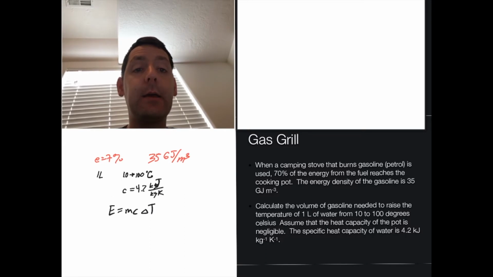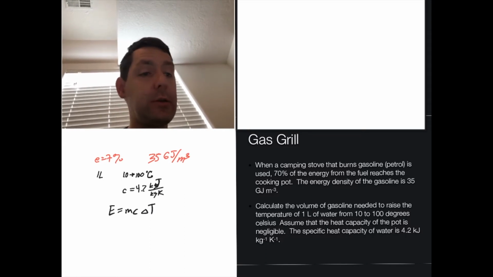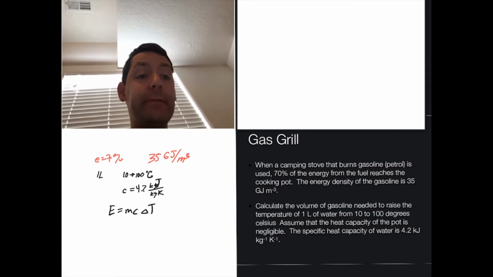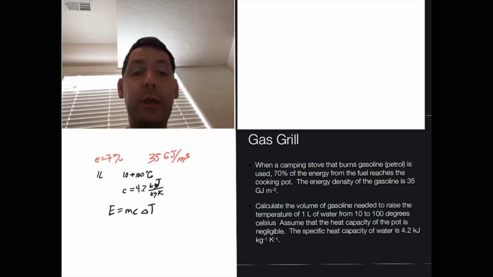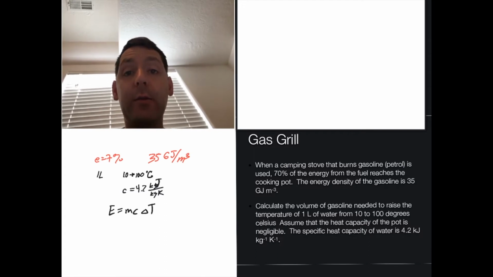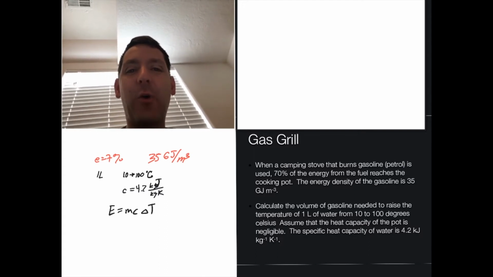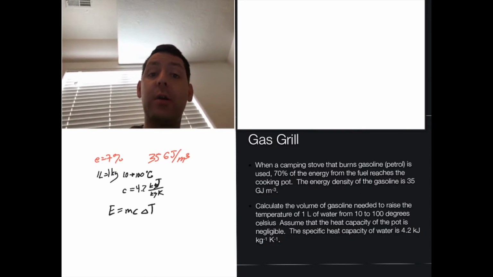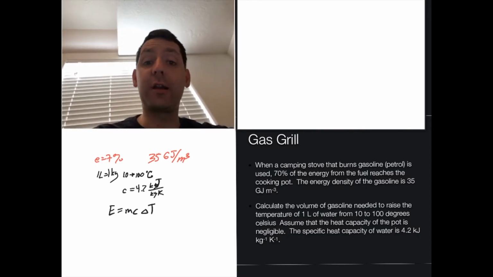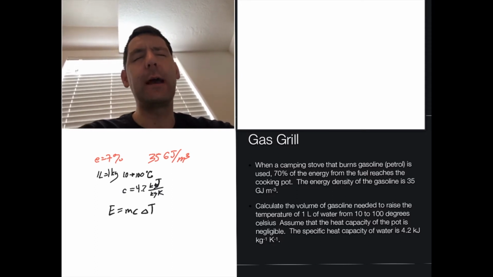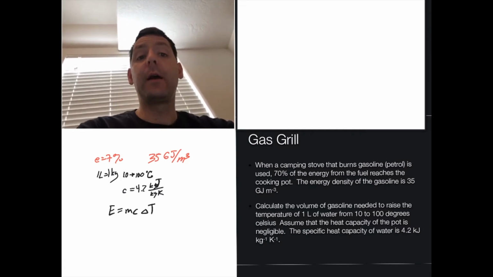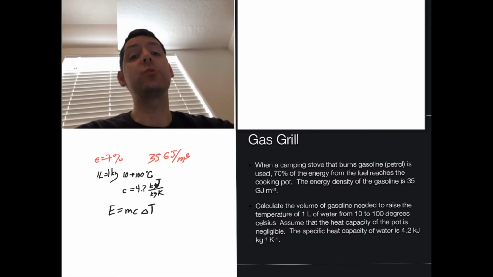Knowing how much mass of water we have, it gives us 1 liter of water. 1 liter of water, by the way, is about 1 kilogram. That's how mass and volume were initially set up: 1 liter of water is 1 kilogram, and 1 centimeter cubed is 1 gram.